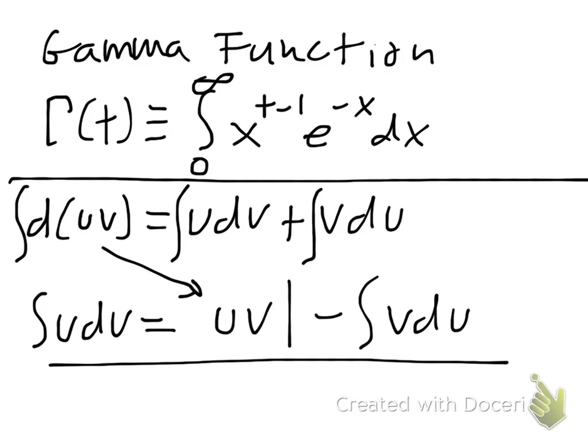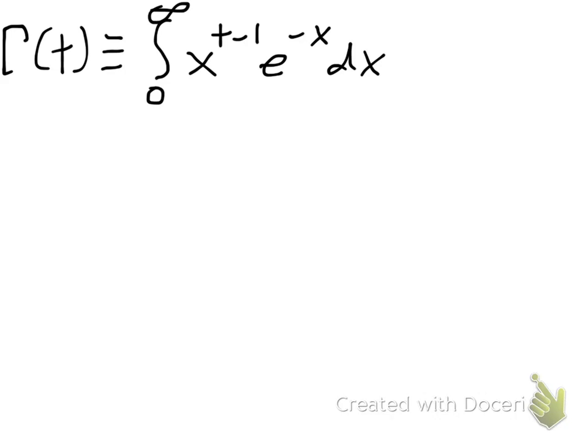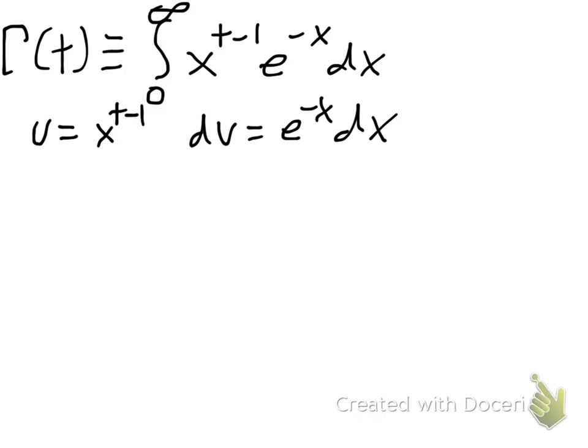So our job is now to assign one of these terms to be u and one of these terms to be dv. Let's start up here with our gamma function. We're going to let u equal x to the t minus 1, and we're going to let dv be e to the minus x dx.